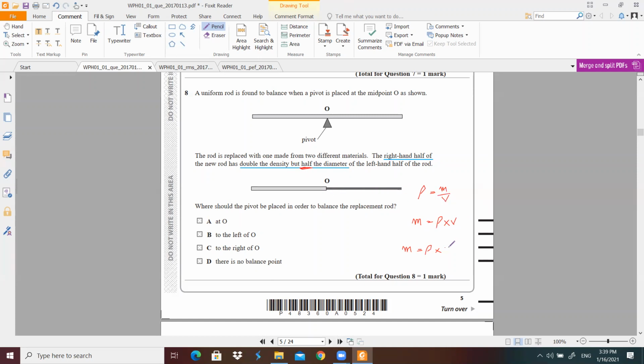It's pi r square times L. The length is the same, but the radius is different now.